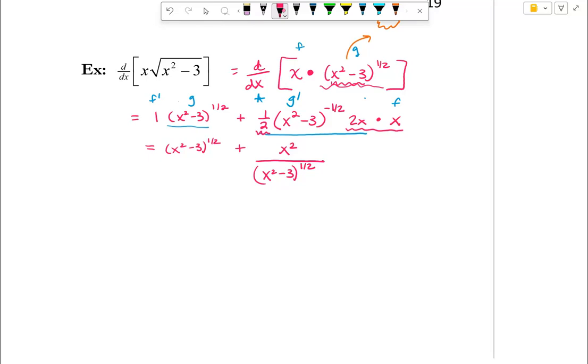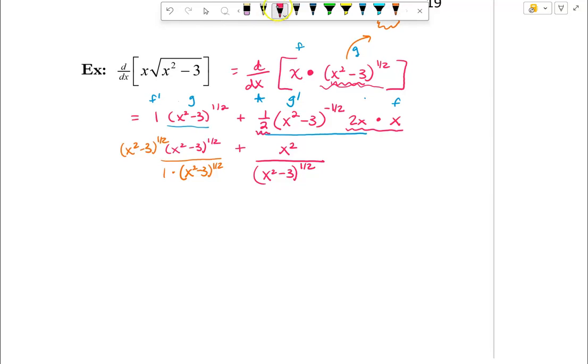All right, so now we said we often want to get common denominators. In order to do that, I'm going to delete my equal sign for just a second to write something out to the side. I'm going to need to multiply my first term. Right now, this is just over a 1, right? But I could multiply the denominator by x squared minus 3 to the 1/2 and the numerator by x squared minus 3 to the 1/2.